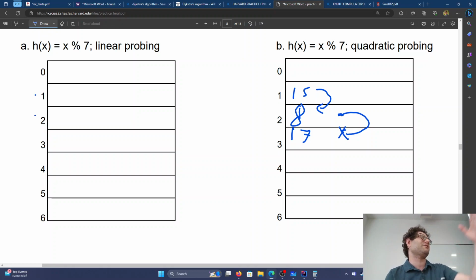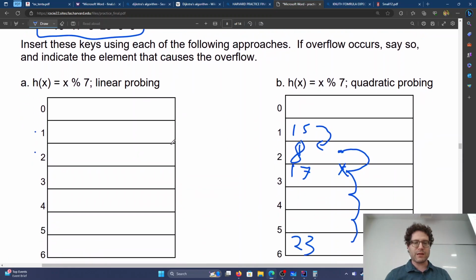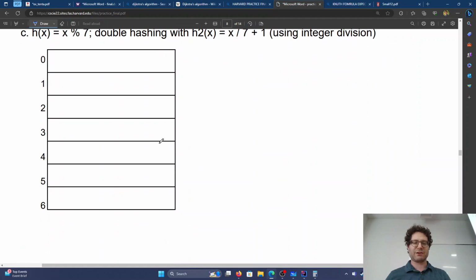The key here is that it's from its initial spot, which is 1, 2, 3 more, for a grand total of 4: 1, 2, 3, 4, and now 23 happily ends up in here. 3 goes into here, but it has a conflict, so it goes over here, and then 5 just simply slots in. It's quadratic probing.